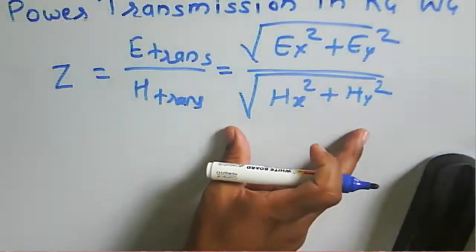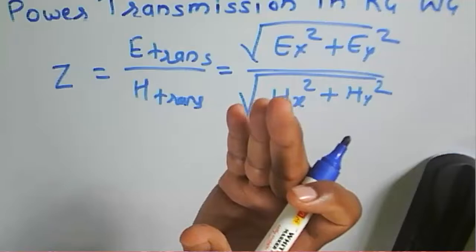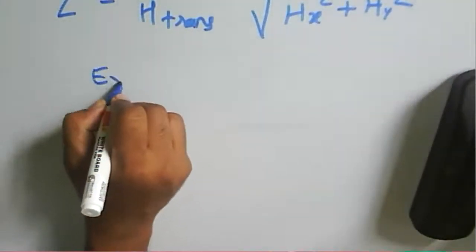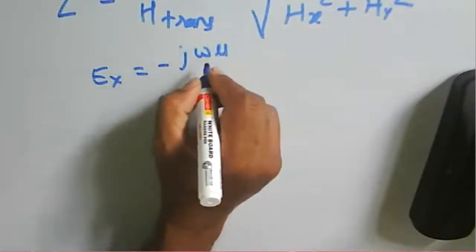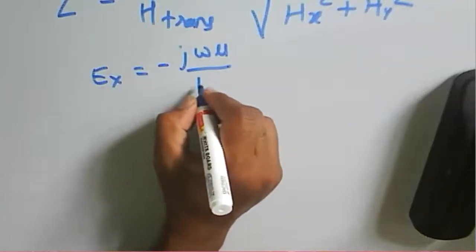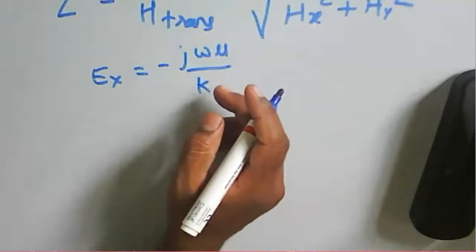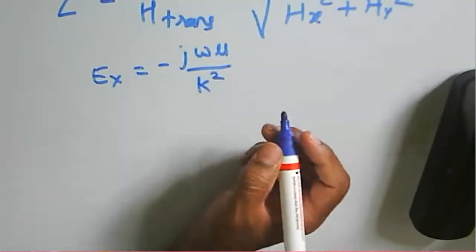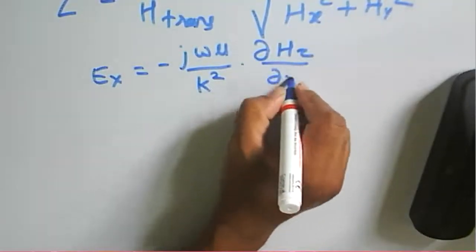So now this particular component can be obtained from the given field components. So the field components are nothing but, for example, I'm writing here, Ex is minus j omega mu by k square into dou Hz by dou y.